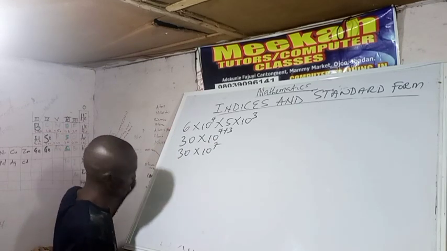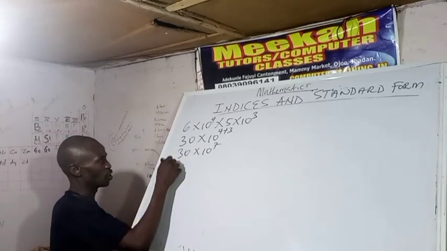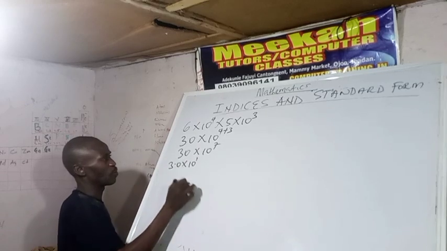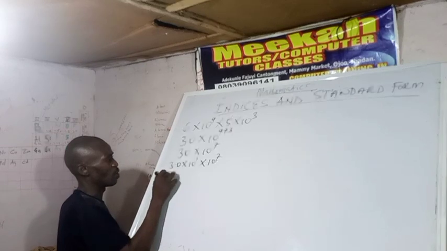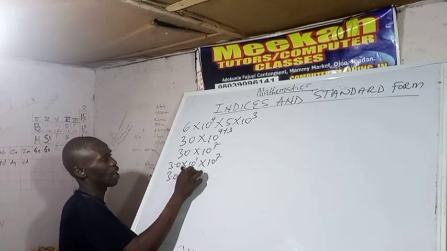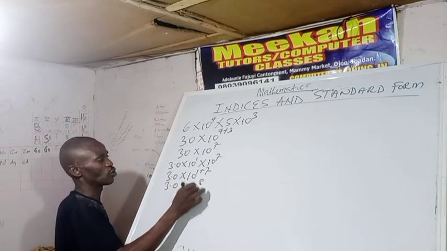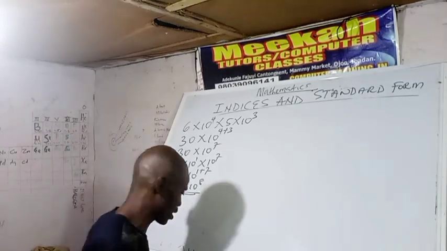Now, you cannot leave this one this way. If you work it this way, gentlemen, you are halfway. So convert this to standard form: 3.0 times 10 raised to power 1 times 10 raised to power 7. So this becomes 3.0 times 10 raised to power 1 plus 7, which is 3.0 times 10 raised to power 8. You need to be mindful of this question. Move to law 2.